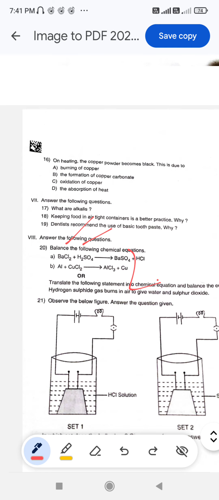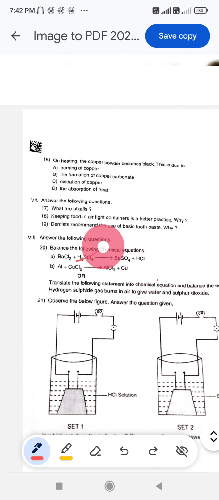Adding 2 HCl on the product side gives you the balanced equation of the first question: BaCl2 plus H2SO4 gives BaSO4 plus 2HCl, right? Only 2 HCl you have to add on the product side of the first question. Okay, next, what is the third?